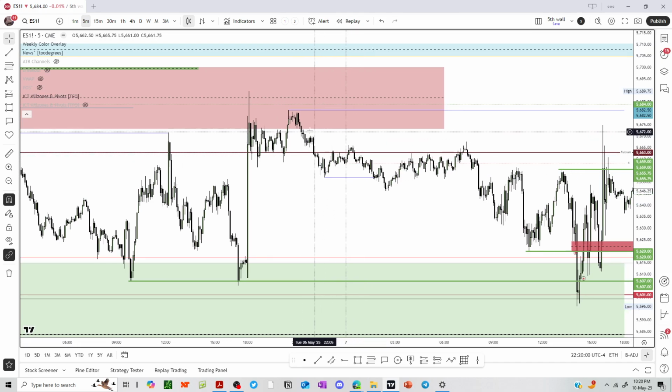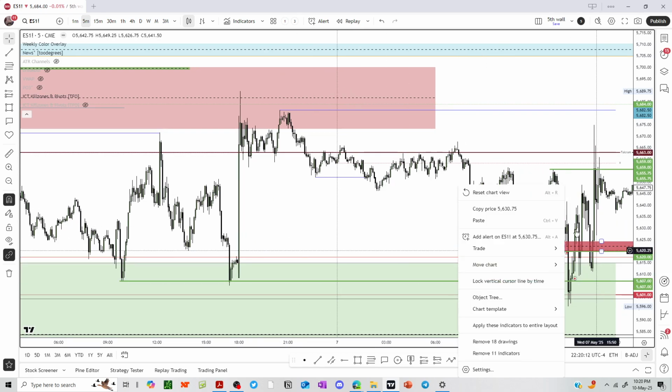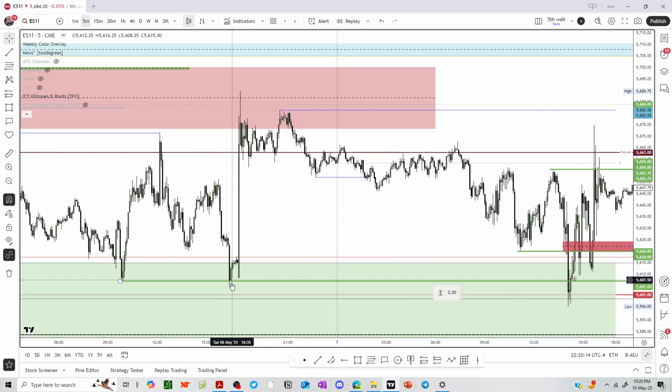But you have this violated fair value gap for your entry. And I think I said that already, this is also a sell model, right? On the 5-minute chart.